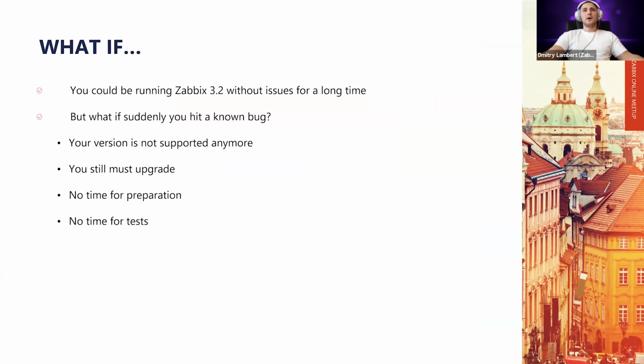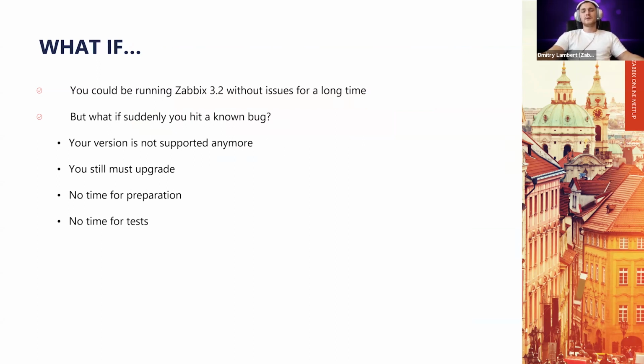So, many people are attending conferences and meetups like this, following all of the news from Zabbix, and they're super excited about all the new functionality, the security improvements, IoT stuff with Modbus native support.